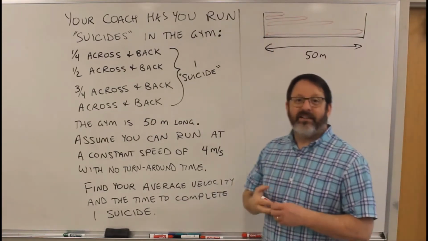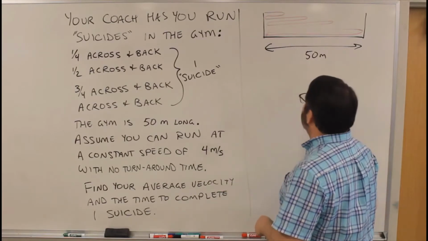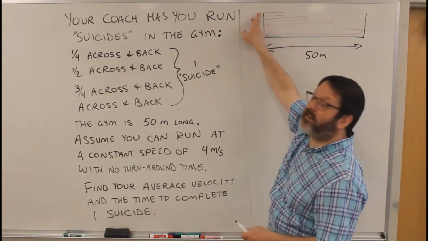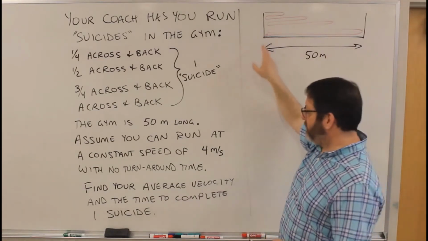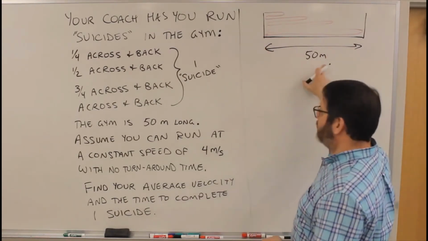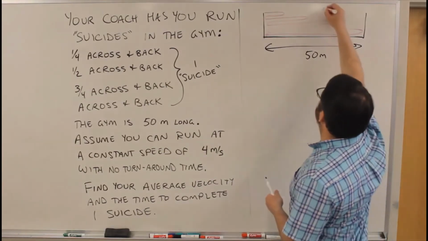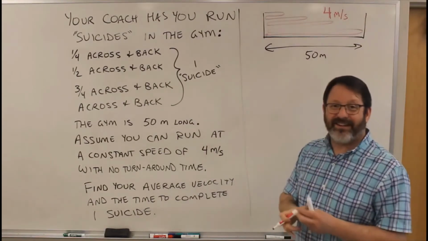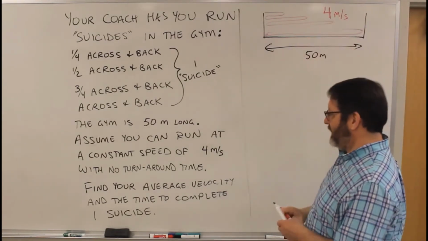Whew, that's what I have to do. So I start here at one side of the gym, back and forth, back and forth, back and forth, and there. So first question, we've got 50 meters. Oh, I should write that I'm running at 4 meters per second. It's 50 meters going back and forth like that.